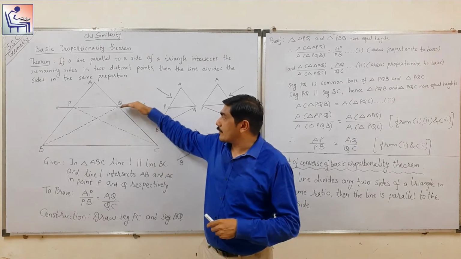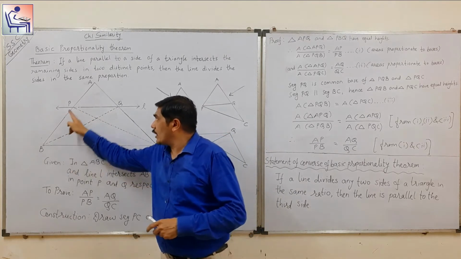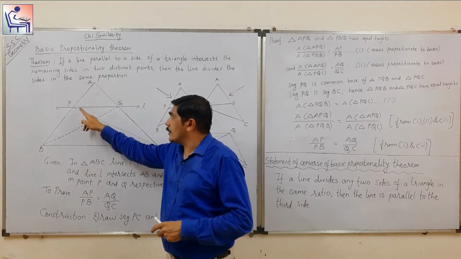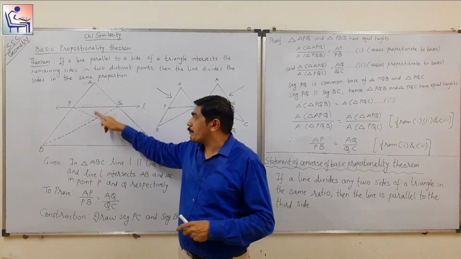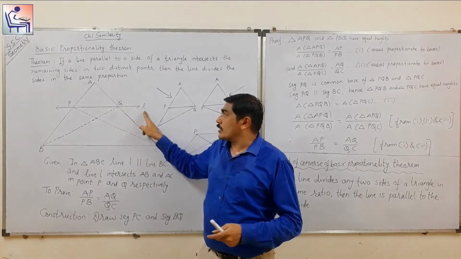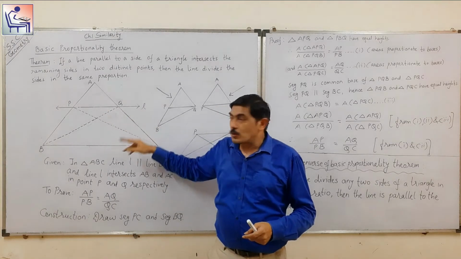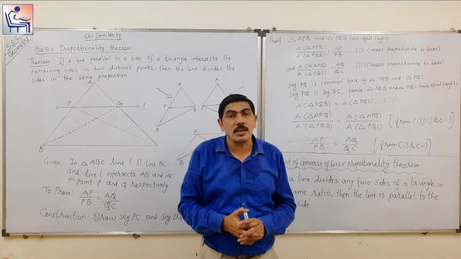Here there are two triangles which we consider, triangle PQB and triangle PQC. They both lie between the two parallel lines, line PQ and line BC. Line PQ you can call line L also. तो इन दोनों ट्रायंगल्स की हाइट क्या होगी? इक्वल.